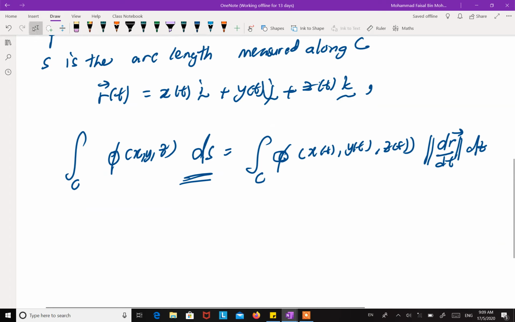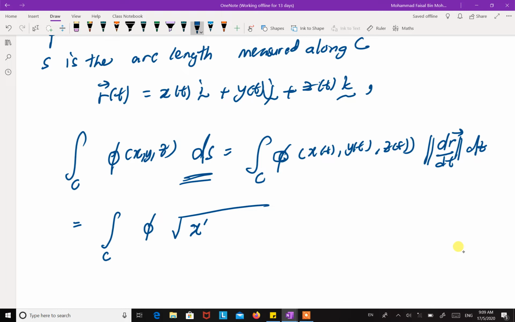So this can be represented as the integral over C of phi of x(t), y(t) and z(t) times the square root of x prime t squared plus y prime t squared plus z prime t squared, times dt.